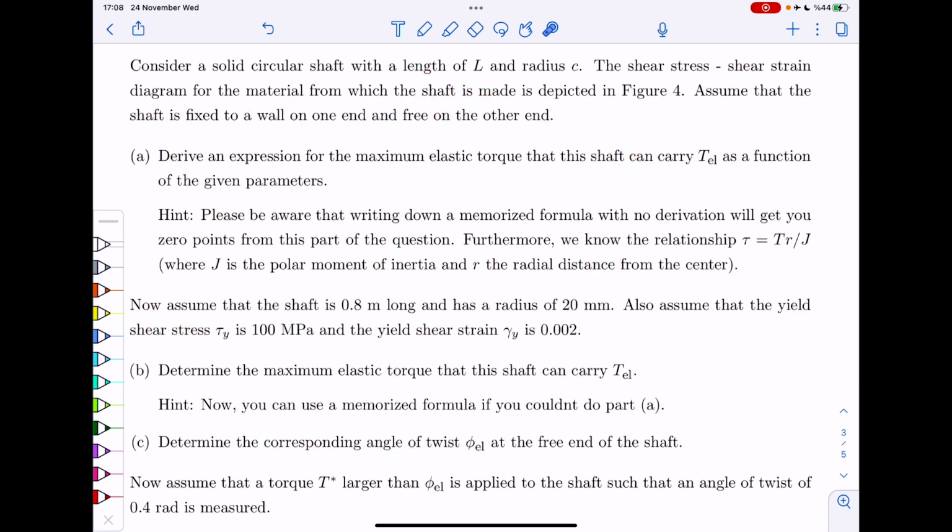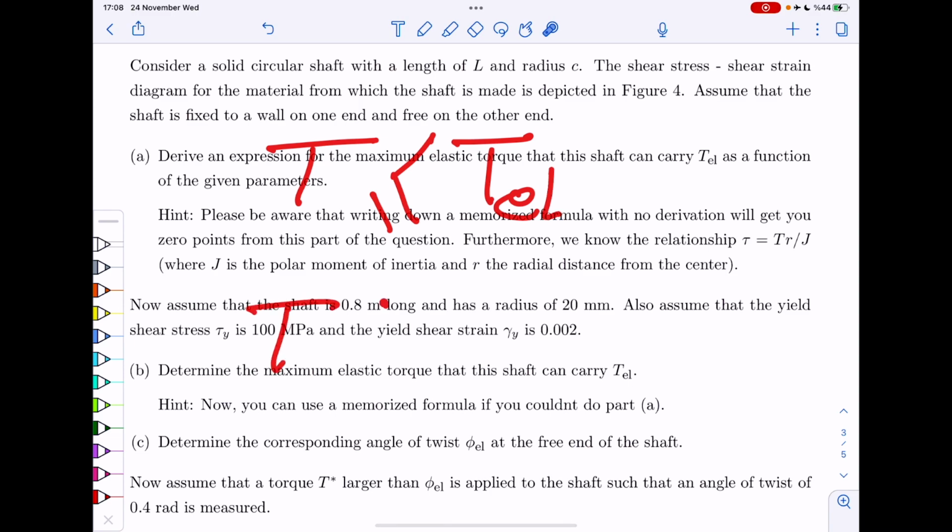So we apply a torque T to a shaft, and we want to know, if that T is less than some maximum elastic torque, what is the relation between this torque and shear stress. And then we exceed that in the second part, where we have the angle of twist.